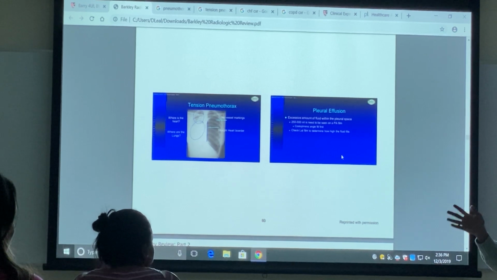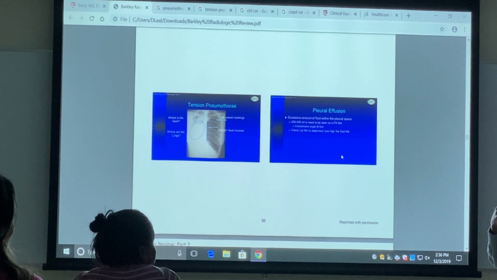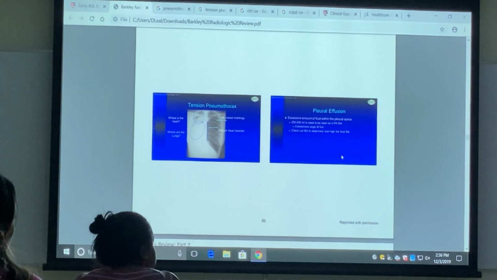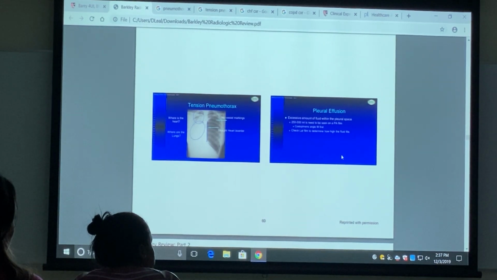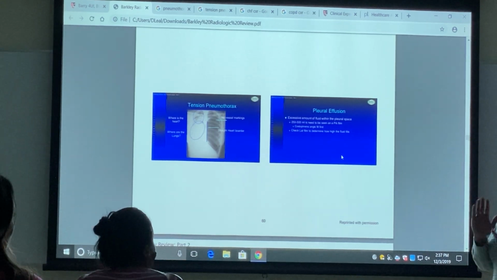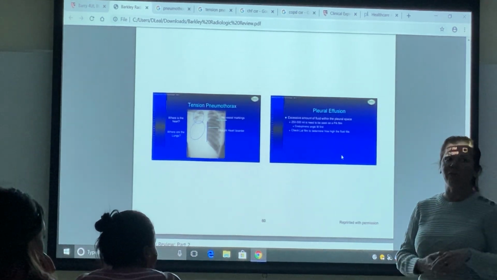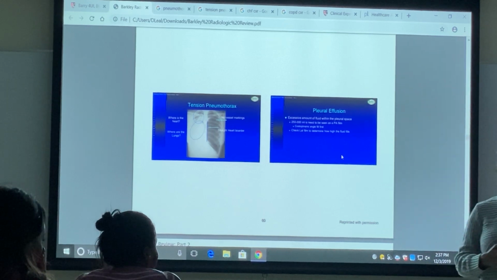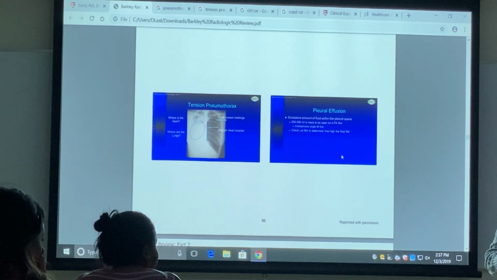No, it's not justified, because there's a high risk of creating pneumothorax and also infection. Unless you do it for diagnostic purposes, that is justified. But for therapeutic purposes, just to improve the patient's shortness of breath, if you have a mild effusion, it's not justified, okay?